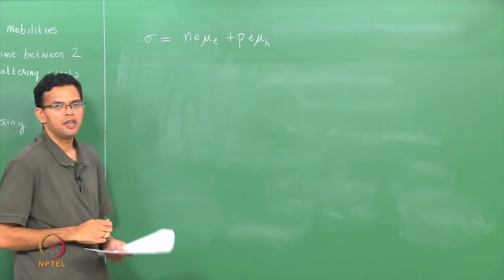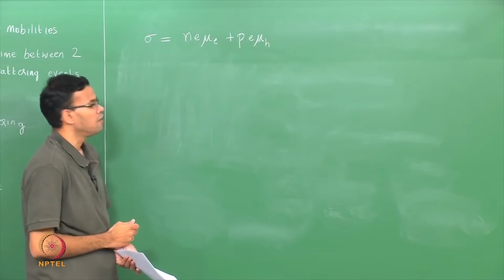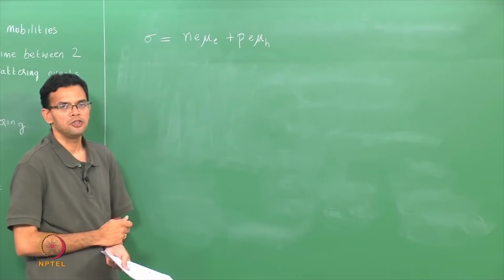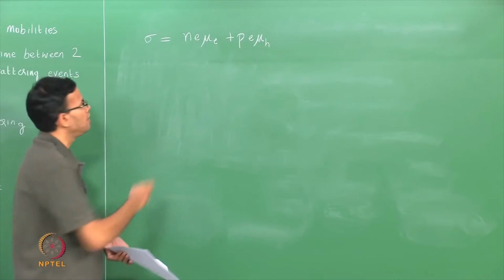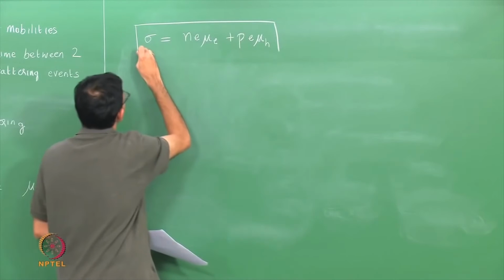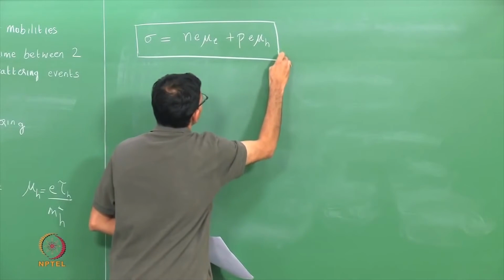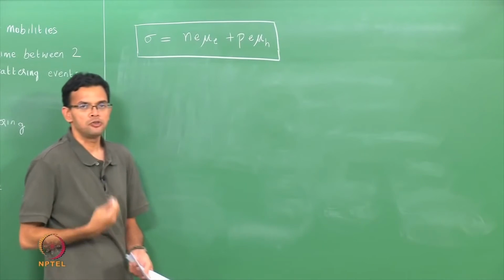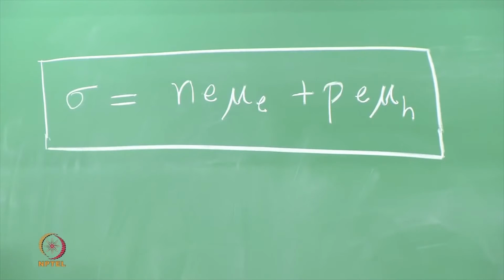Now, this is a very important equation which relates the conductivity to the carrier concentration and the mobility. And this equation is true whether you have an intrinsic semiconductor or an extrinsic semiconductor.